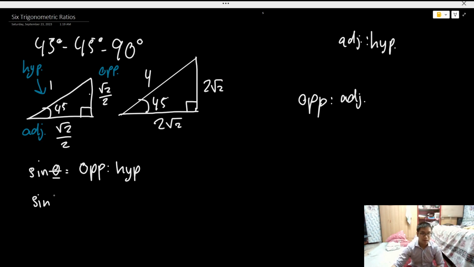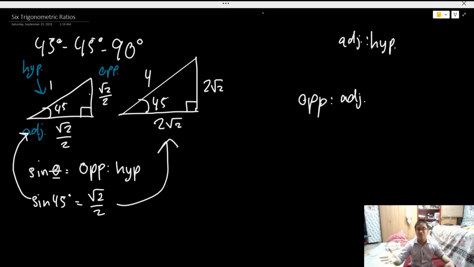If you're going to get the value here, it is exactly square root of 2 all over 2, which is the same answer we got in getting the ratio of opposite and hypotenuse. So we can apply sine 45 degrees here and sine 45 degrees here because the answer is still square root of 2 all over 2.